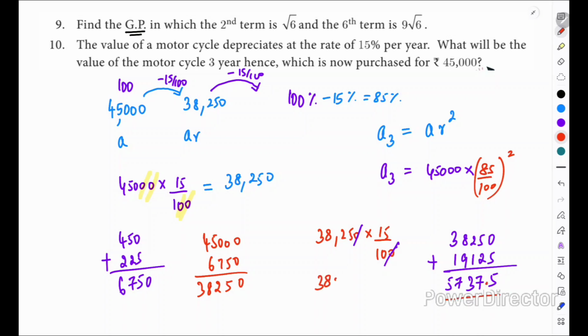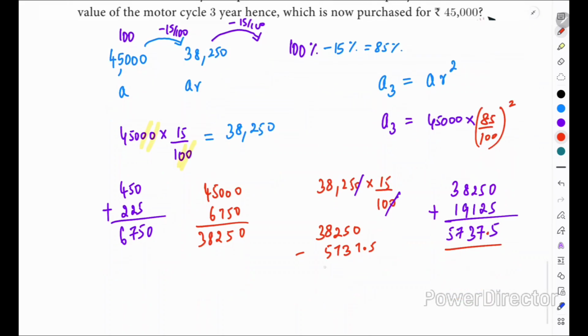So from 38,250 I have to subtract 5,737.5. So what is the value that I'm going to get here? 0.5. So 9 minus 7 is 2, and here I'll be getting 4 minus 3 is 1, and 12 minus 7 is 5, and here I will be getting 7, right? 7 minus 5 is 2.